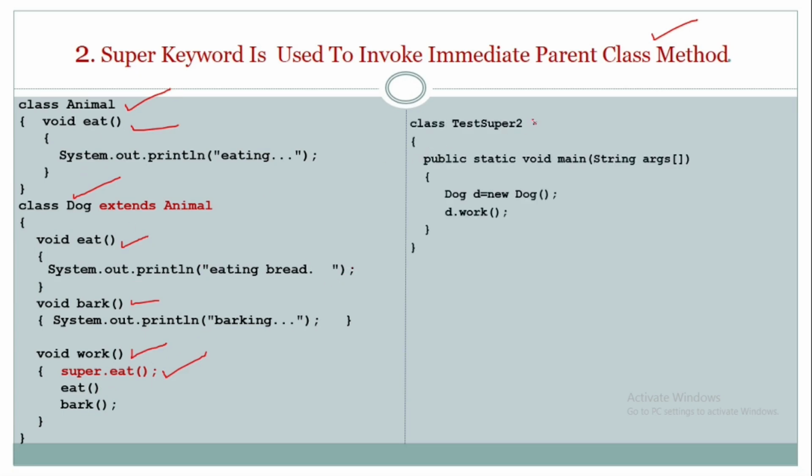For that I need a class and a main function. Here d is the object of the subclass Dog, and d.work. So what is the output? super.eat will print eating, the eat method will print eating bread, and the bark method will print barking. So this is the output.